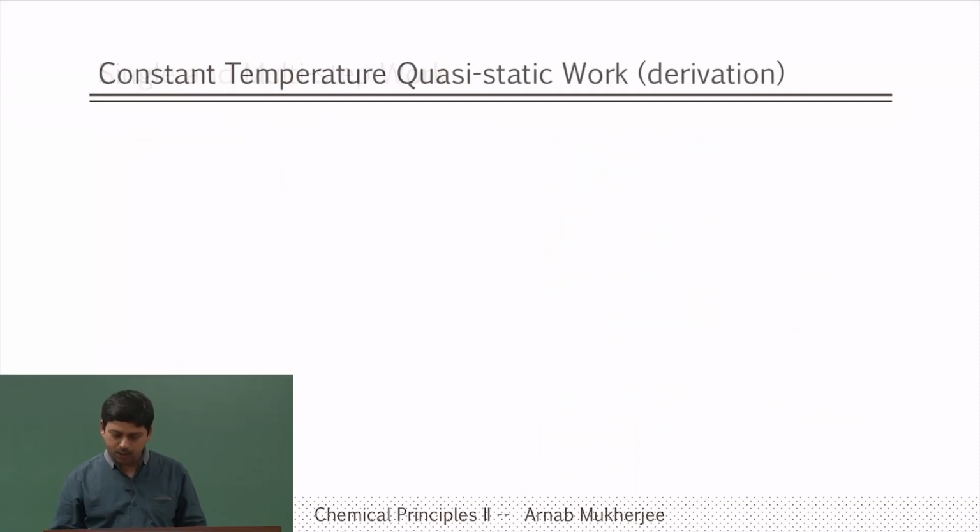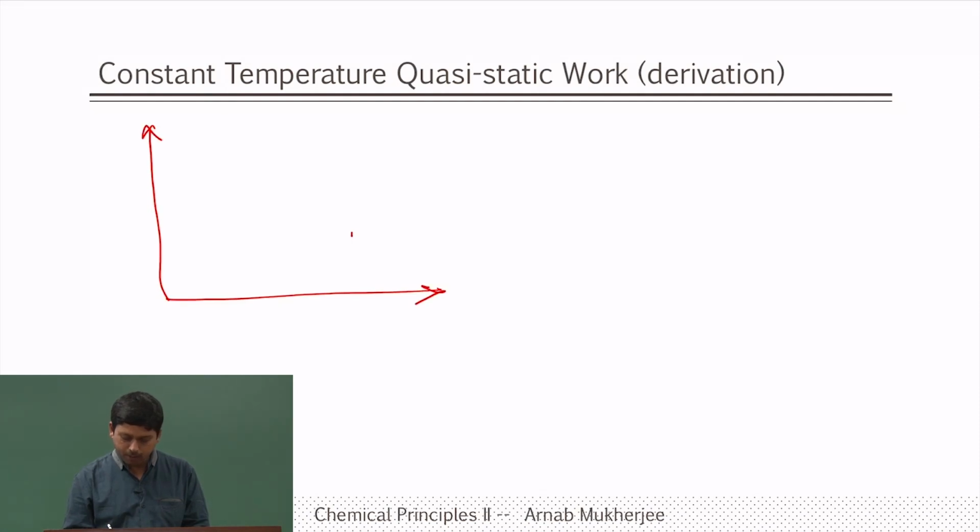Another thing that you can notice in this constant temperature work is that when we go in one step, let us say from P1 V1 to P2 V2, we try to go in one step.